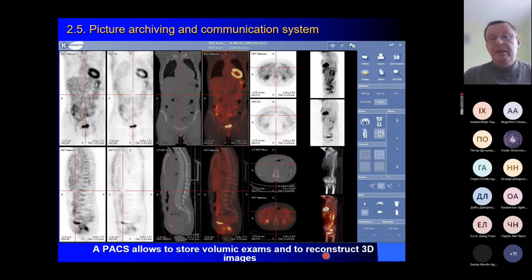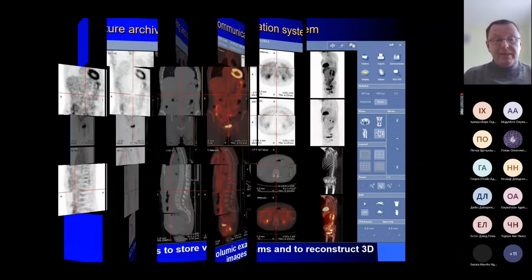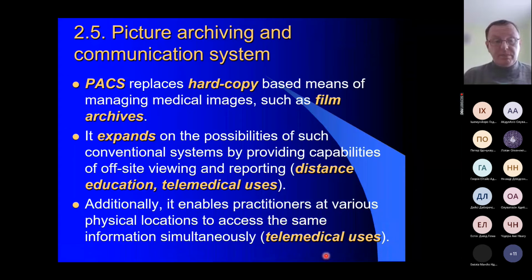And here is how it practically looks like. It's almost not only PACS, but even an operating system for conventional computer tomography images. So here is how it can be seen within a PACS system.